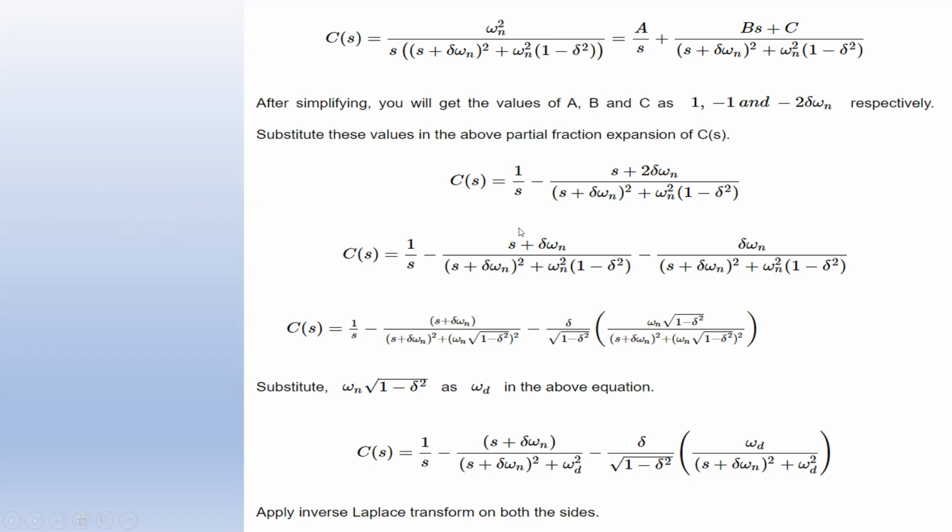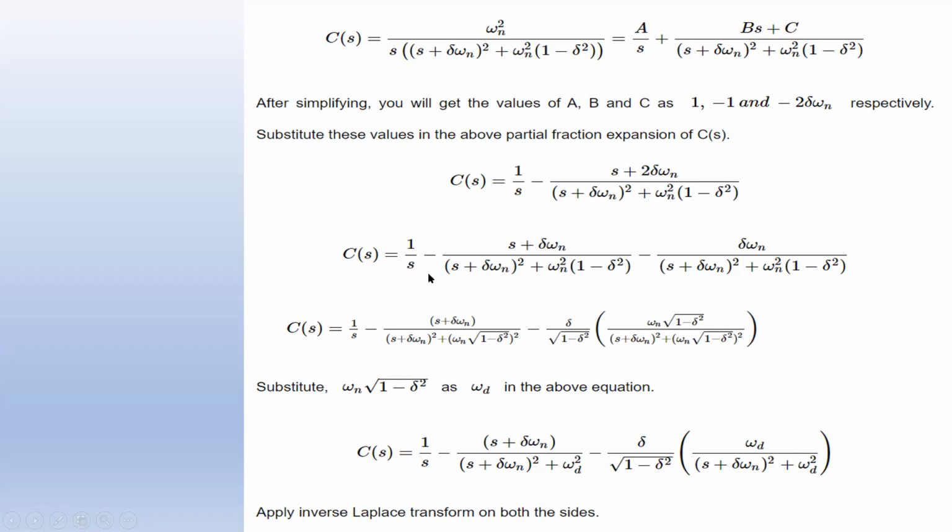If we adjust this in this form, we can easily obtain the inverse Laplace transform. So this 2 delta omega n can be written as delta omega n and this delta omega n separately. This is like s plus b by s plus b whole square plus some constant a square.